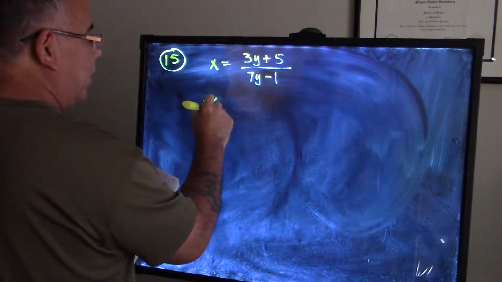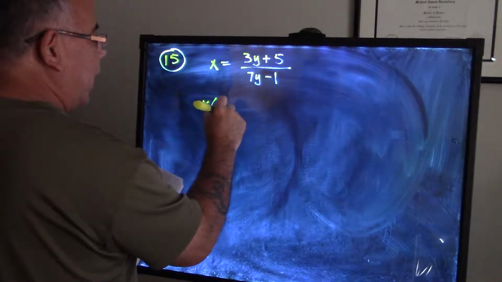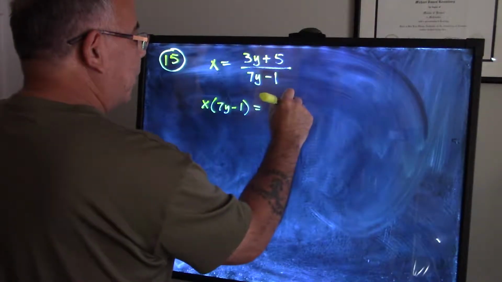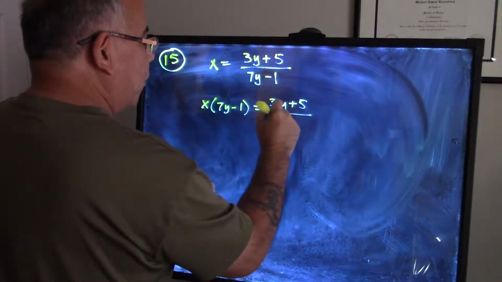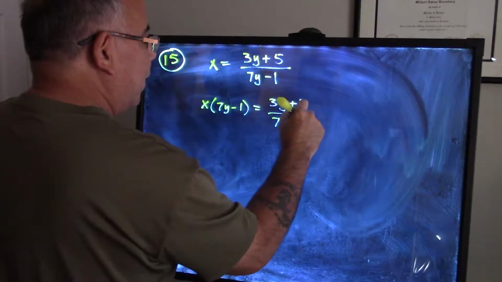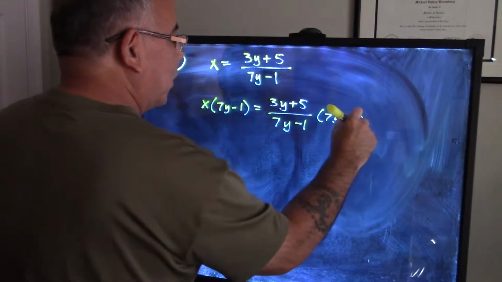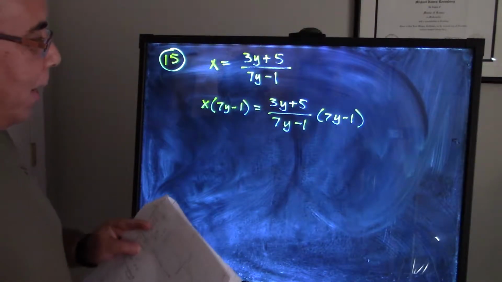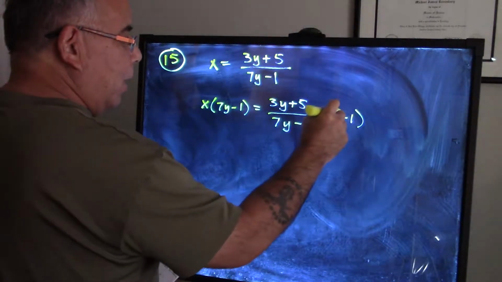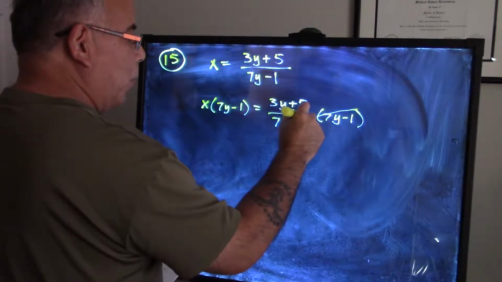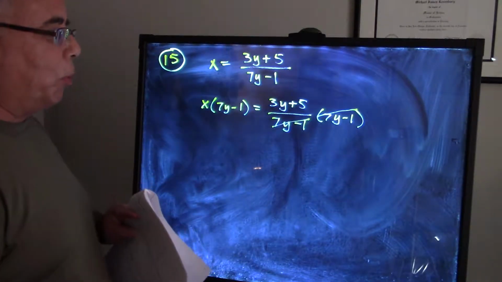x times 7y minus 1 equals 3y plus 5 over 7y minus 1 times 7y minus 1. So I multiply both sides by 7y minus 1. These will cancel. 7y minus 1 over 7y minus 1 equals 1.